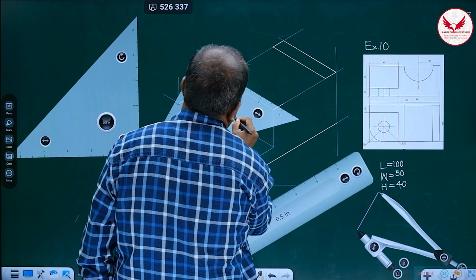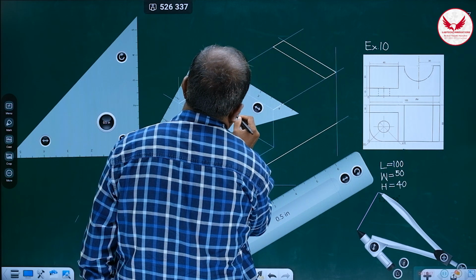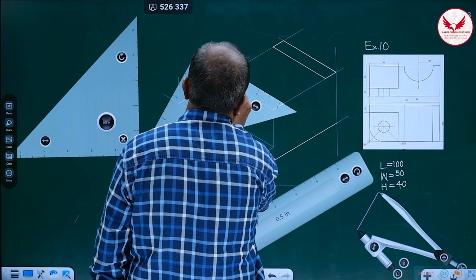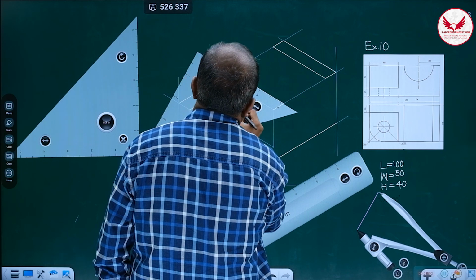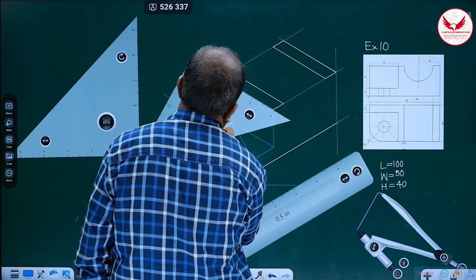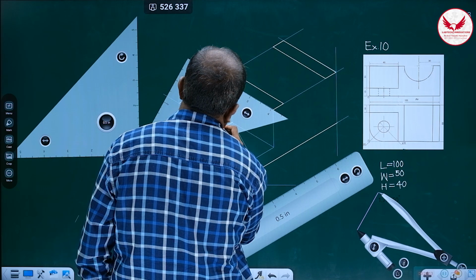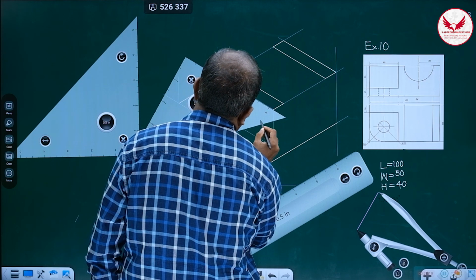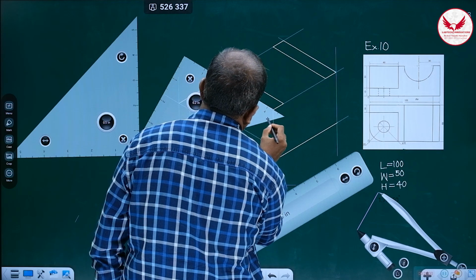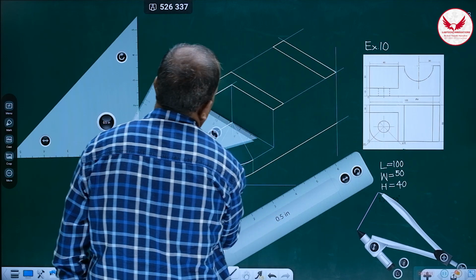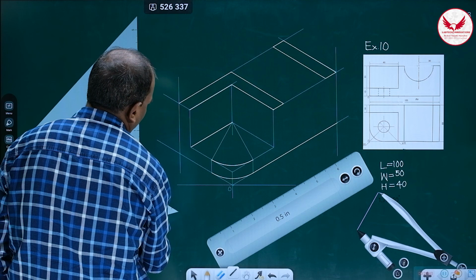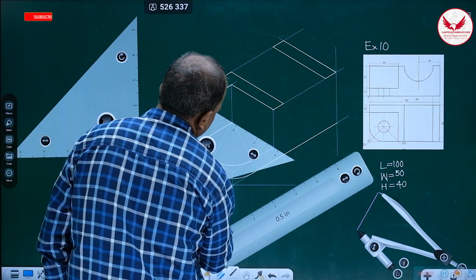Then it is also 50. It is 50, and this is 40. It is 40. Now all the vertical lines I'll mark. Again one or two more lines are remaining. One is this.